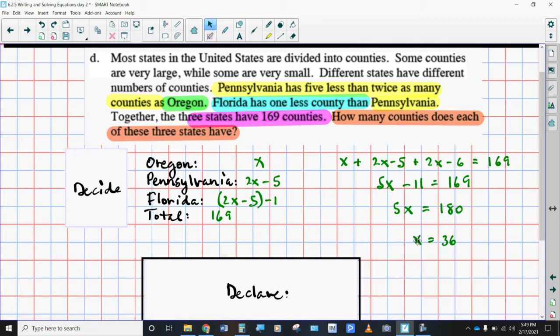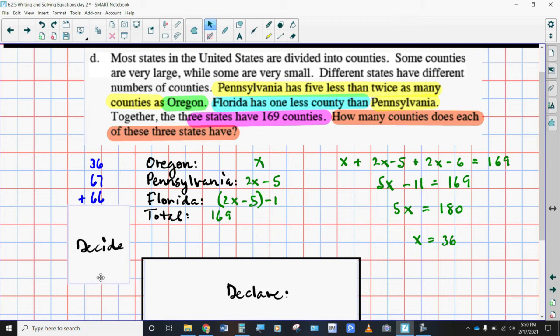So this is telling us that Oregon has 36 counties. Pennsylvania has 5 less than twice that number, so we better double that first. 72 minus 5 gives you 67, and now it's going to be a little bit easier to figure out Florida because we know what Pennsylvania has. Florida has 1 less county than Pennsylvania, so if Pennsylvania is 67, this would have 66.